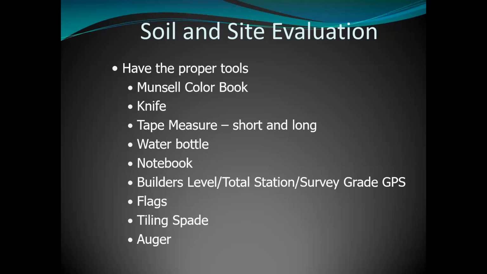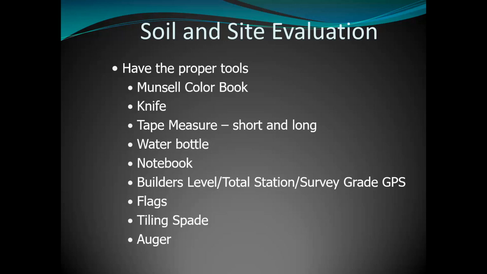It doesn't hurt to have some flags, little wire flags, to mark out locations. Several soil testers in my area will have flags that they'll mark out the location of where they did the soil test, or where the estimated contour line is, or where the estimated corners of the cellar are going to be.